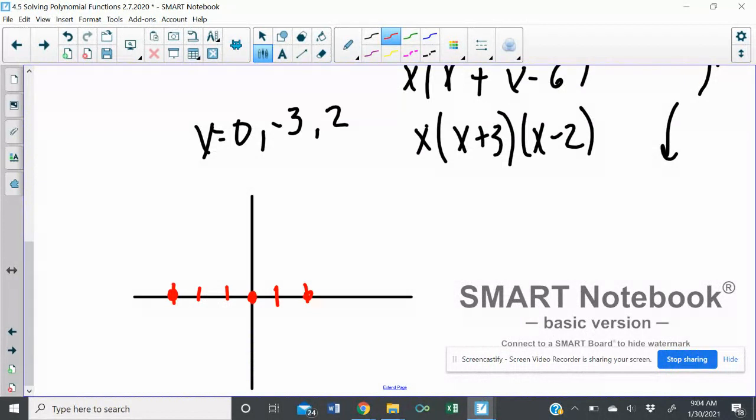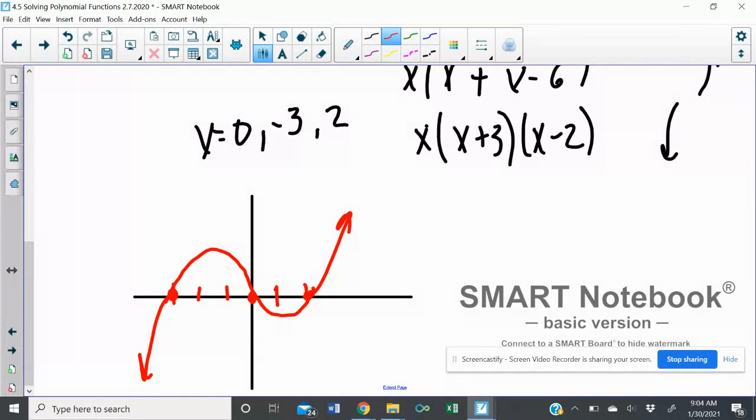Sorry, should have known that one. My end behavior, my final right needs to go up, my final left needs to be going down. These should be passing through. There you go. If you want a more precise, you can certainly plug in 1 and -1 to see how far below or above they go, but this is a good sketch.